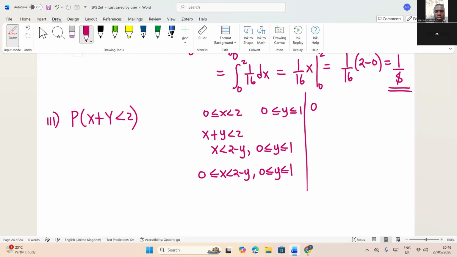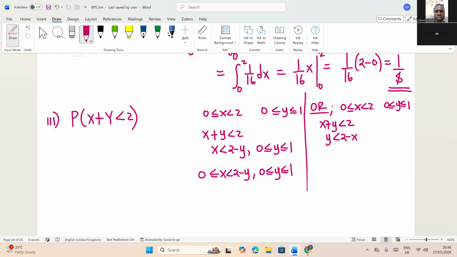Alternatively, one can also have this. The probability was initially defined over this region, but you want the probability that x plus y is less than 2. Now make y the subject: y is less than 2 minus x.